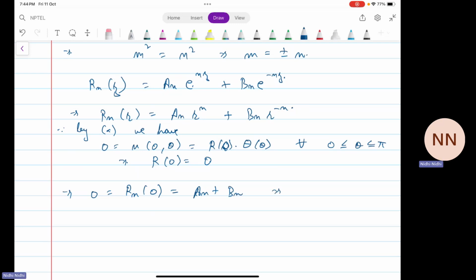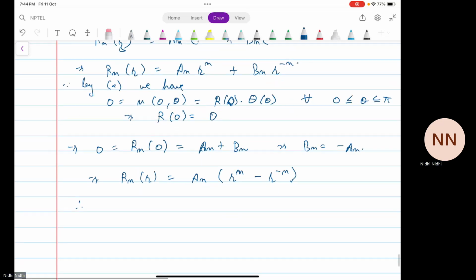So this gives us Bn is minus An. So this implies Rn(r) is equal to An times r to the power n minus r to the power minus n.